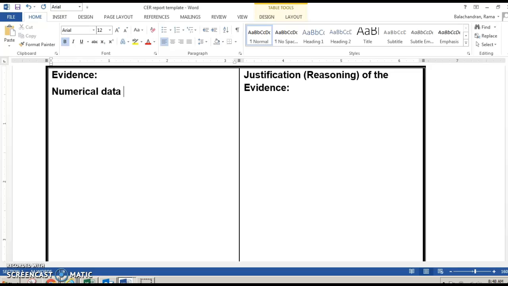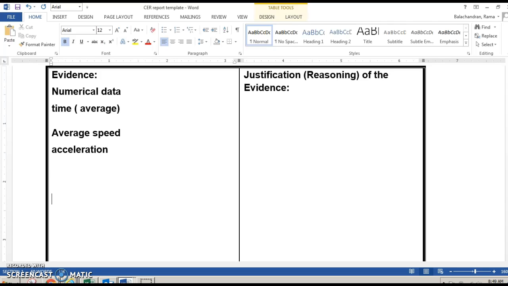Your data can simply be restricted to time, and you want to talk of the average time, or you could find the average speed, or if you know how to calculate the acceleration, you could also calculate the acceleration. Remember, you're setting up 2 different heights of the ramp. So you could do this for the lesser height and the greater height, and then compare these values.